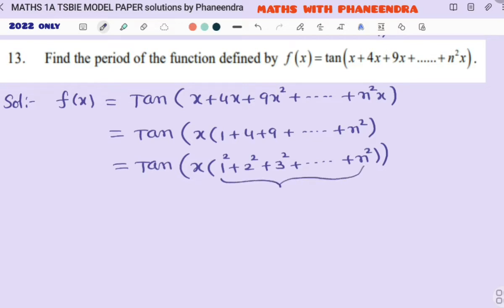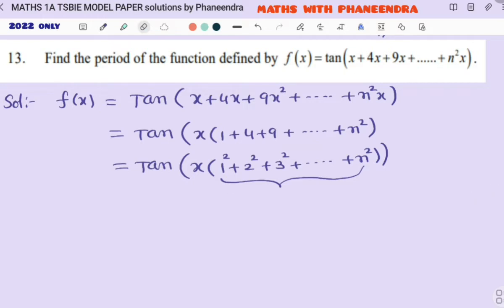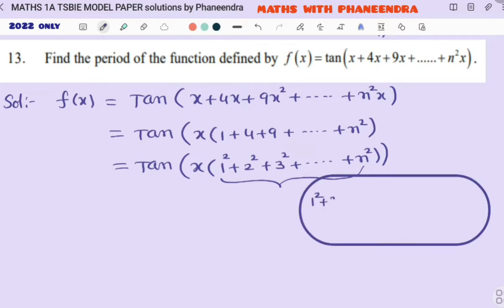We know that formula: 1 square plus 2 square plus 3 square plus and so on plus n square is equal to sigma n square, that is also n into n plus 1 into 2n plus 1 by 6.